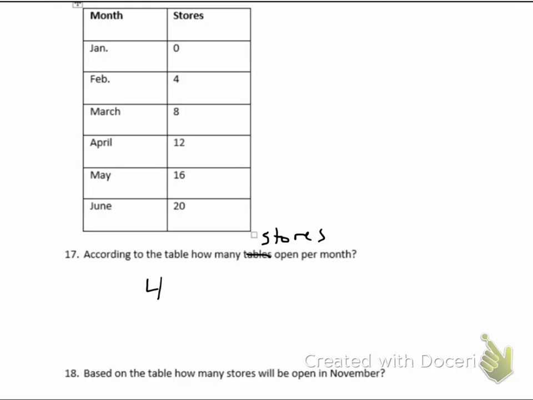So June would be 20, July 24, August 28, September 32, October 36, and November 40. I think I did that right. Okay.